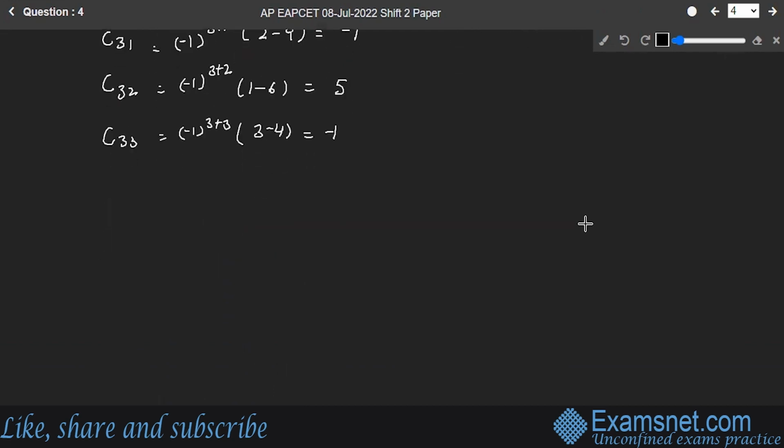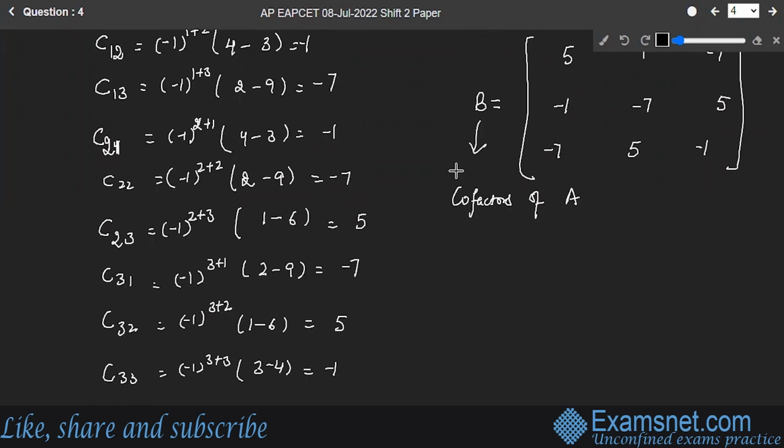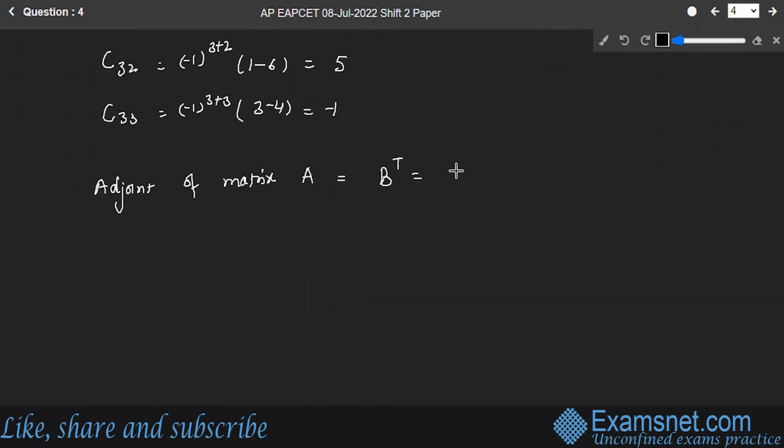How do we find out the adjoint of a matrix? Adjoint of matrix A is transpose of the matrix B. So B was, let's see, okay, it's split up.